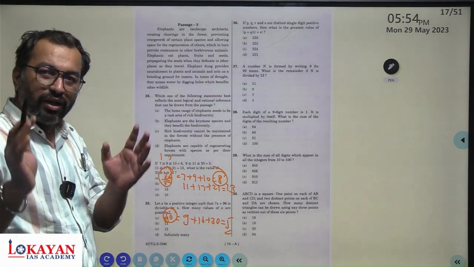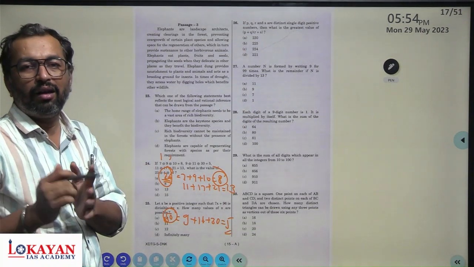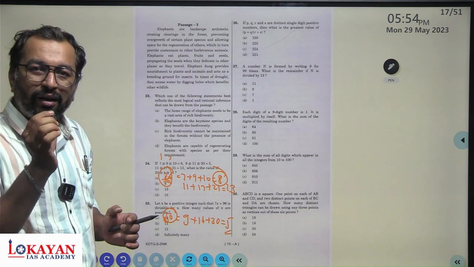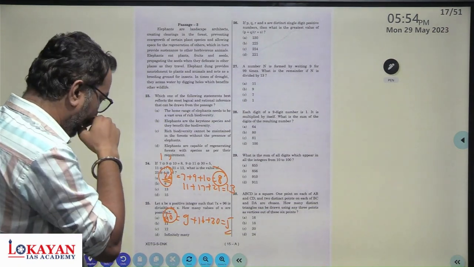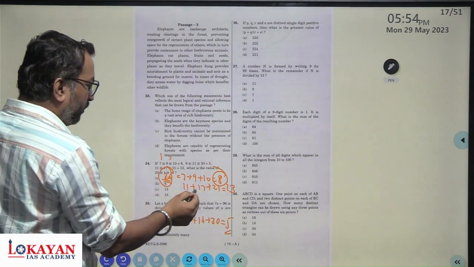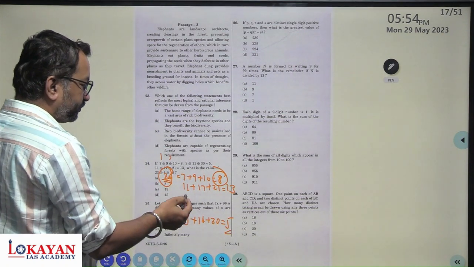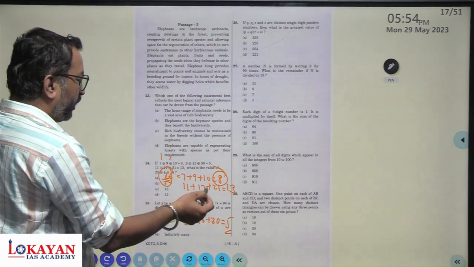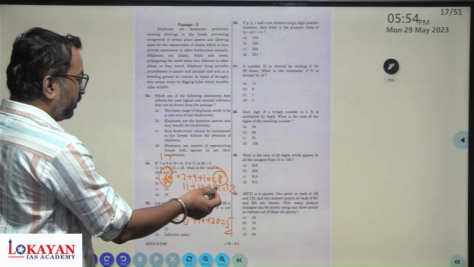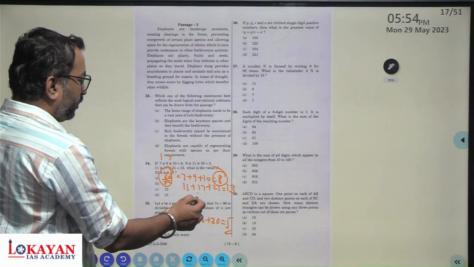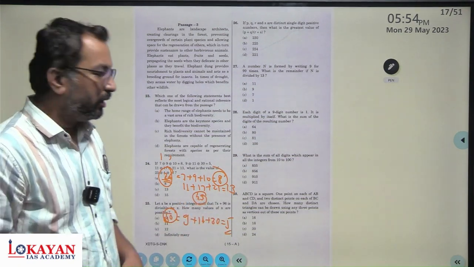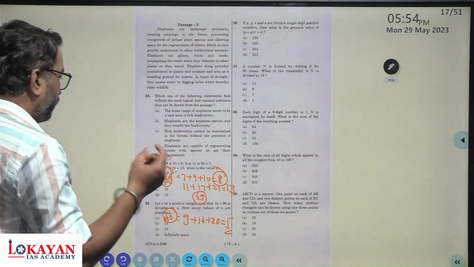So addition ही करना है, लेकिन जो आंसर आता है, we have to add the digits of that sum. Let's cross check here. 11 plus 17 plus 21 उन्होंने दिया है. What will be the addition here? 17 और 11 कितना होगा? 28, 29, 39, 49. So 49, or 9 plus 4, 13. So this postulation is right.